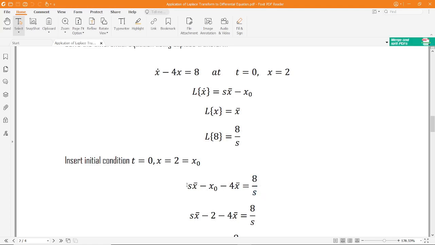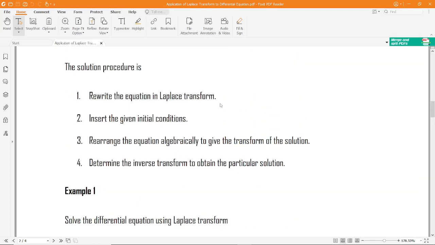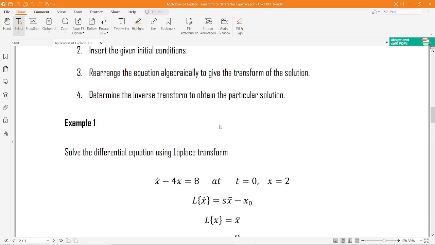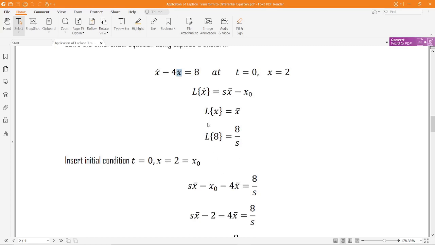So this is the Laplace form of the equation. With that, we are done with this first process of rewriting the equation in Laplace form. All we did first is to convert each of the elements of the equation into the Laplace form, and then plug everything back into the equation.